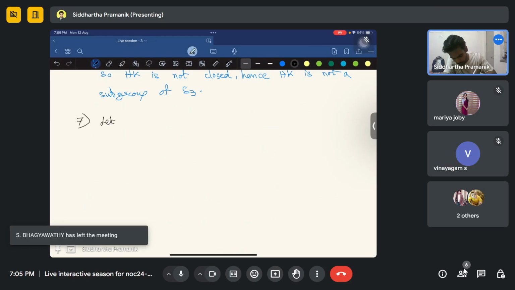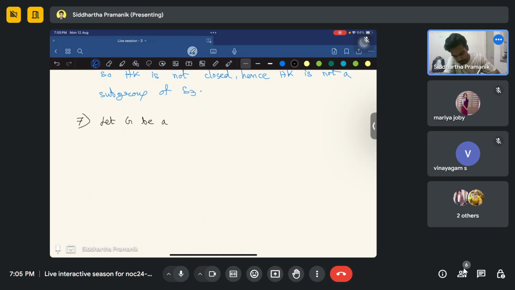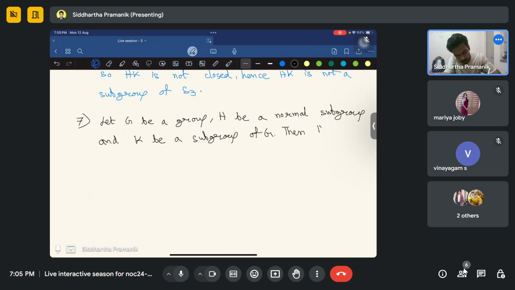So let G be a group, H be a normal subgroup and K be a subgroup of G. Then HK is a subgroup of G. Okay.